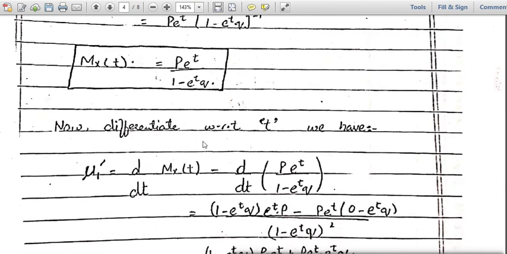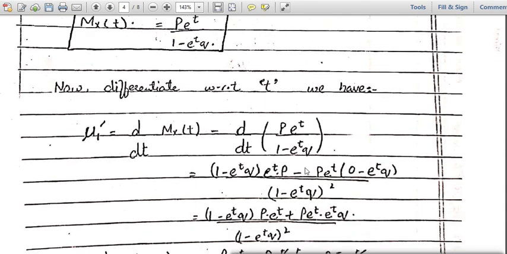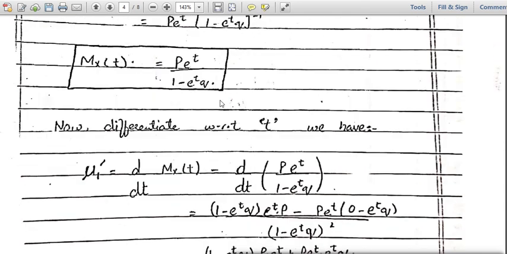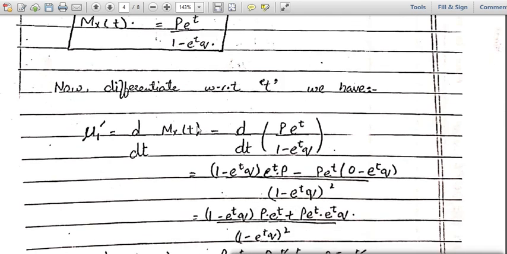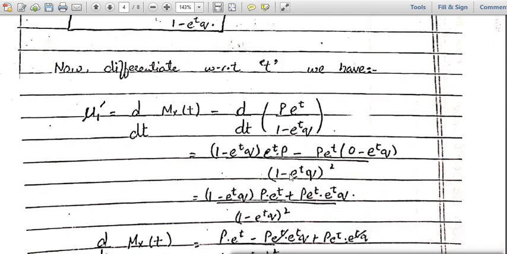Now I want to find the moments about the origin, mu1 prime, mu2 prime. To find mu1 prime we take the derivative of the moment generating function with respect to t, d over dt, applying the division rule for the derivative.